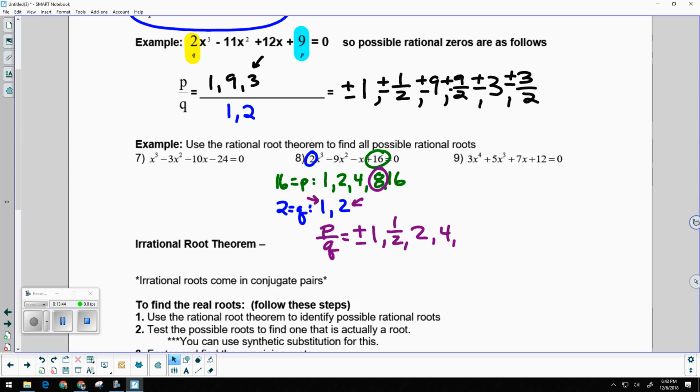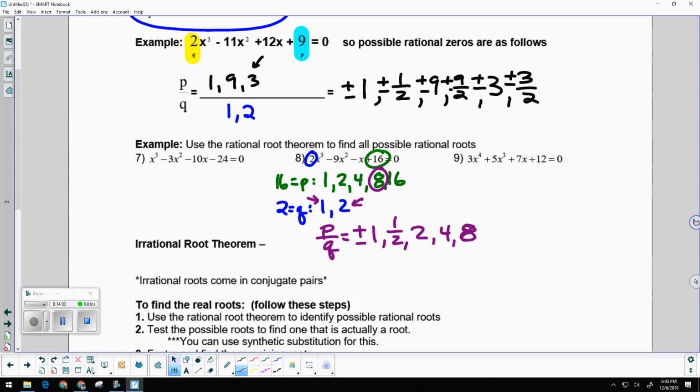Now I'm going to take this 8 and divide it by both of those blue numbers. 8 divided by 1 is 8. 8 divided by 2 is 4. Now, I already have a 4, so I don't need to write it, but I do need that 8.